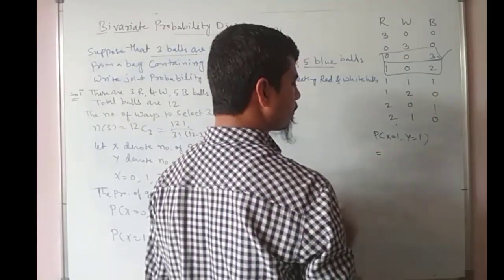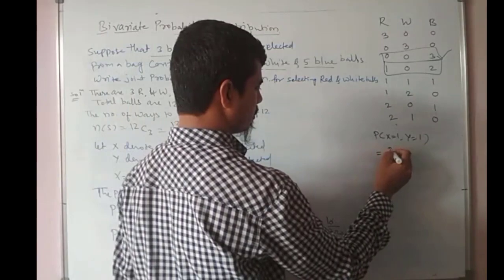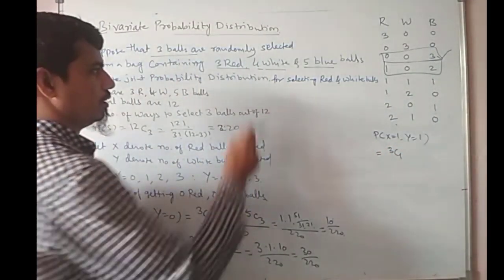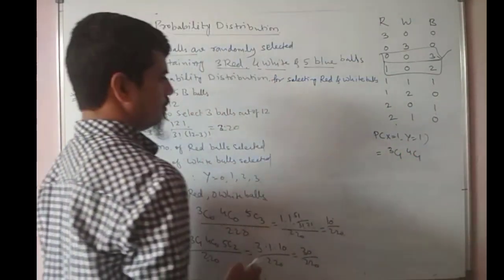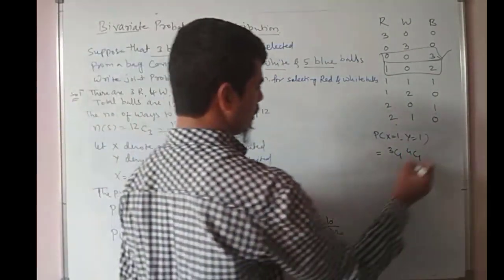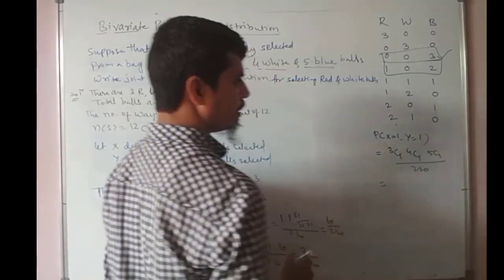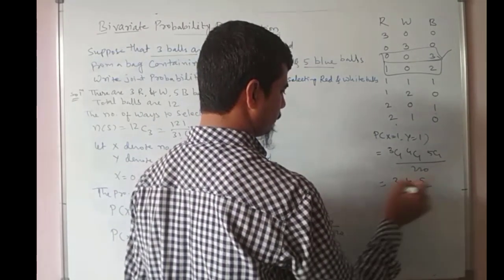Since there are 3 red balls, in how many ways can we select 1 red ball? It's 3C1. There are 4 white balls, so in how many ways can we select 1 white ball? That is 4C1. And 5C1 divided by 220. So it's 3 into 4 into 5 divided by 220.